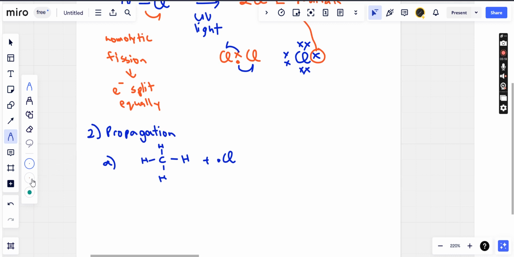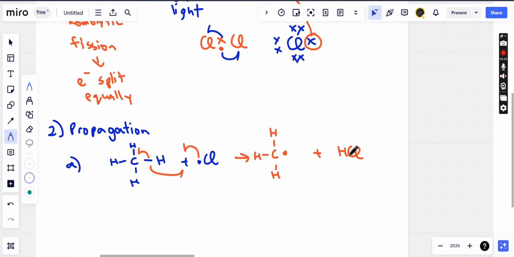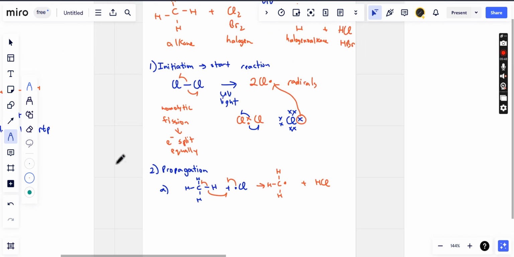So what happens now is this C-H bond will undergo homolytic fission. One electron will go to the carbon, and one electron will react with the chlorine radical. So the product that you get is a CH3 radical plus HCl, and this HCl right here is actually your byproduct up here.